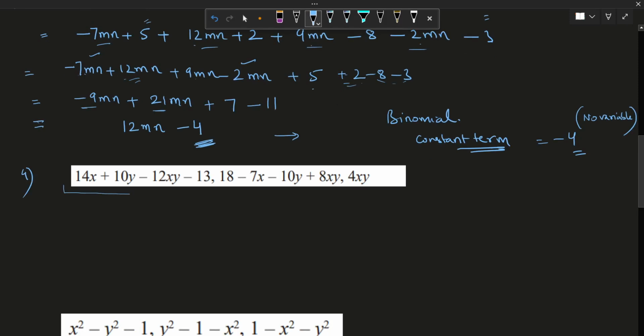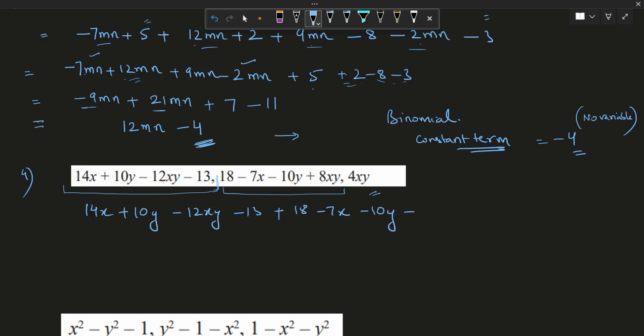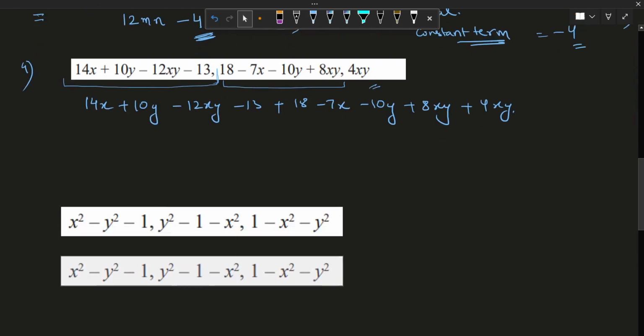Here, if you see, that's a polynomial because it has how many terms? 4 terms. And this is again a polynomial with 4 terms, and this is a single term monomial. Okay, so we need to add them. You can do this addition mentally also if you are very confident in doing it. Okay, so plus 4xy. Now let's group all the like terms together and unlike terms separate.